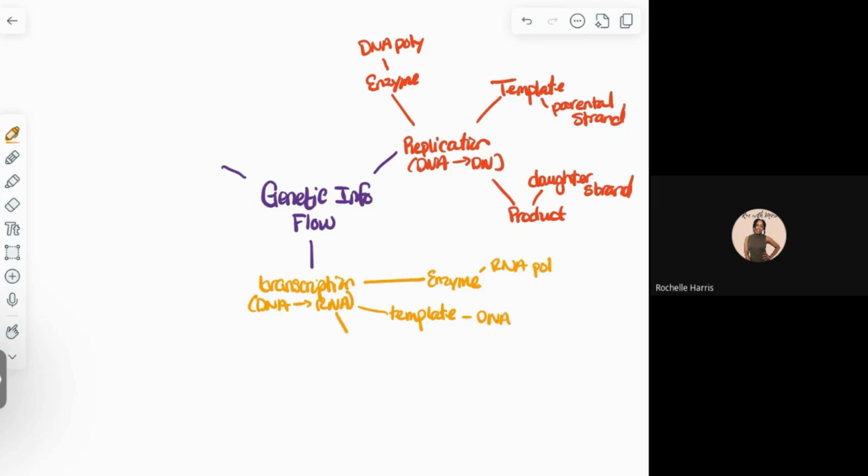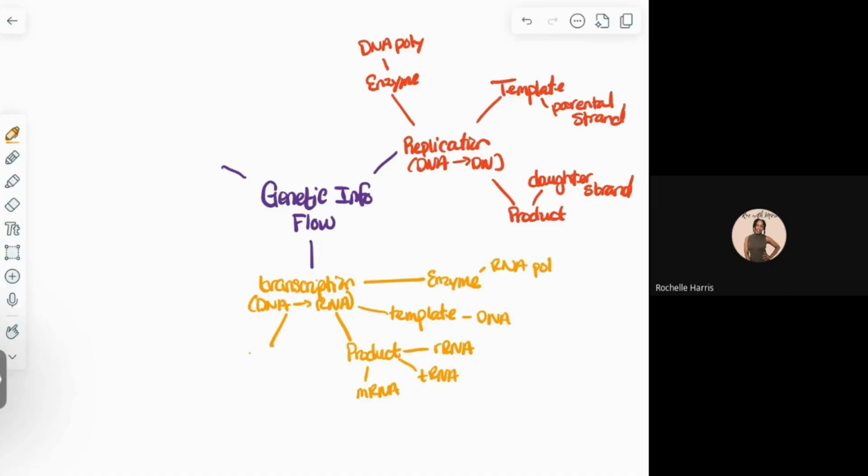What is the result? The product, messenger RNA, tRNA, transfer RNA, and rRNA, ribosomal RNA.